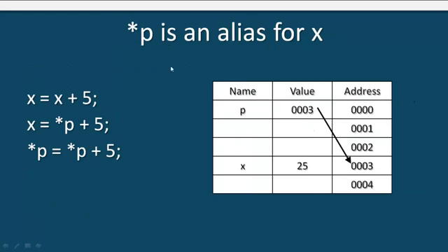Alright, I want to talk about how we can dereference this pointer P and it be the same thing or just an alias for x. However you think about x being in a particular expression, you could think about dereferencing this pointer P meaning the same thing. In this very first expression, we see that x occurs both on the left-hand side of the assignment statement and also on the right-hand side, and they have two different meanings. On the right-hand side, we're saying to get the value that's stored at this particular memory location associated with x.